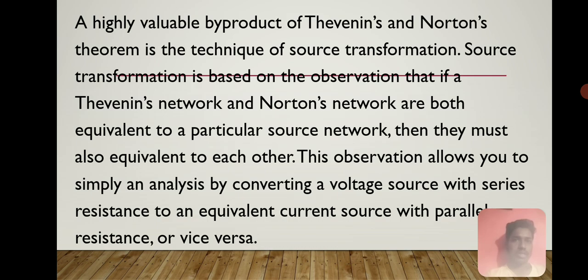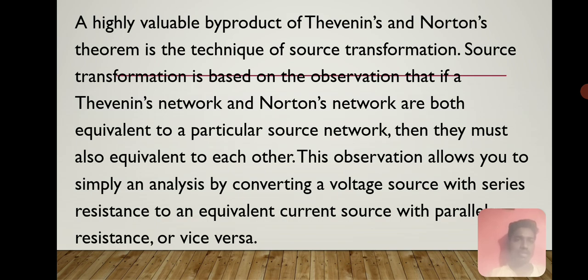A highly valuable byproduct of Thevenin's and Norton's theorems is the technique of source transformation. Source transformation is based on the observation that if a Thevenin network and a Norton network are both equivalent to a particular source network, then they must also be equivalent to each other.